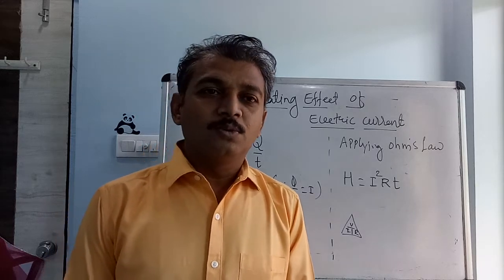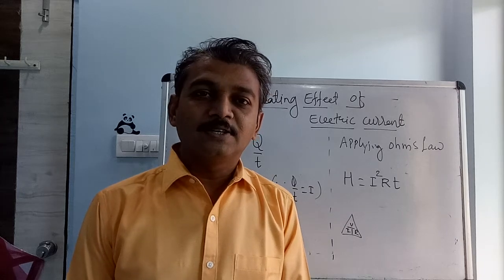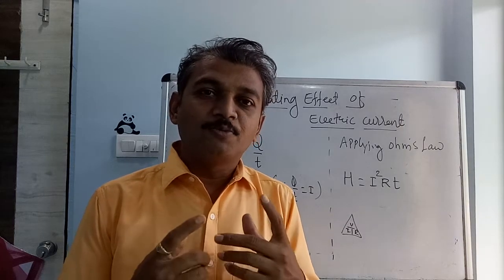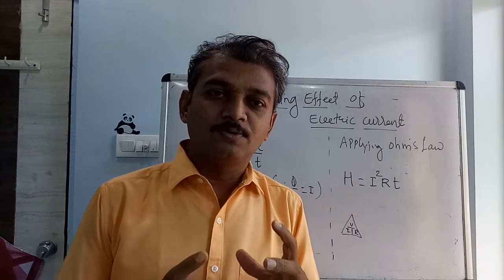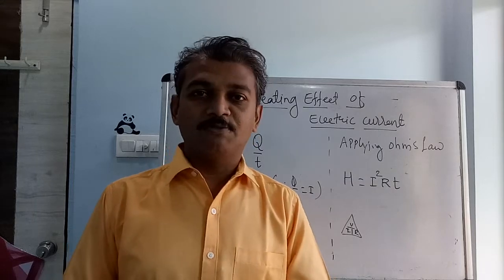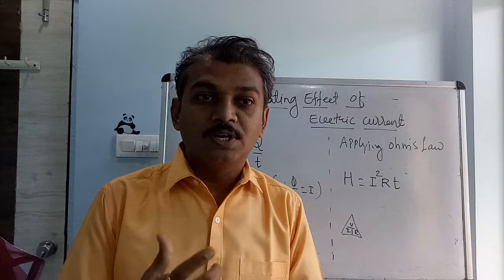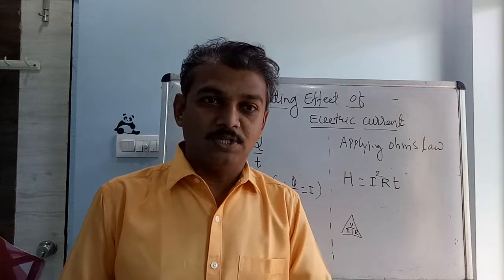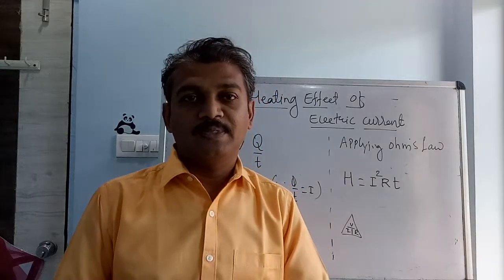I just want to recapitulate. We have started electricity, you remember, from current. Current, flow of charges per unit time. Then we came upon potential difference. Potential difference, we understood how it is important, the difference between the potentials.